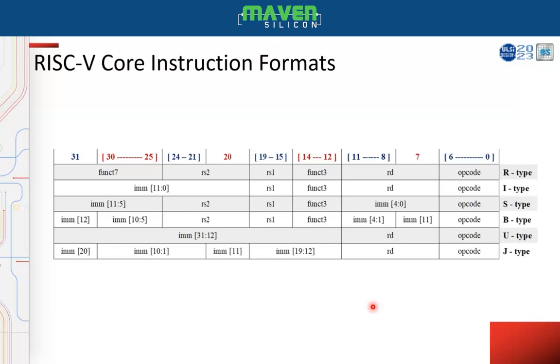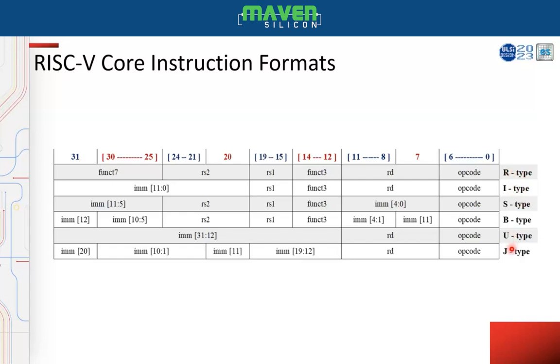So the transaction class for the instruction agent is responsible for modeling the instructions that we are going to drive through the instruction driver. Our RISC-V processor is going to accept 32-bit instructions, and those instructions will contain different fields based on the instruction type. We have different types like R type, I type, S type.